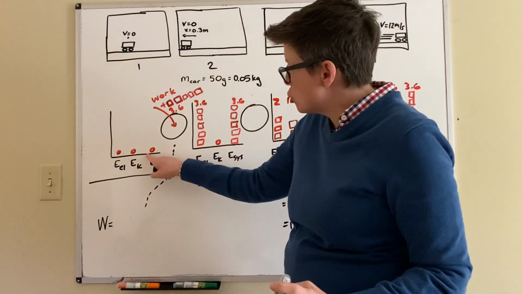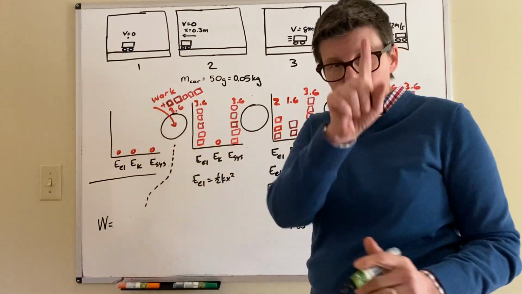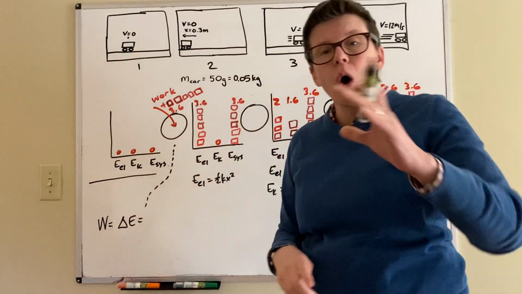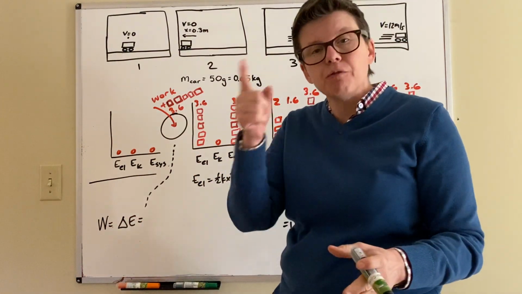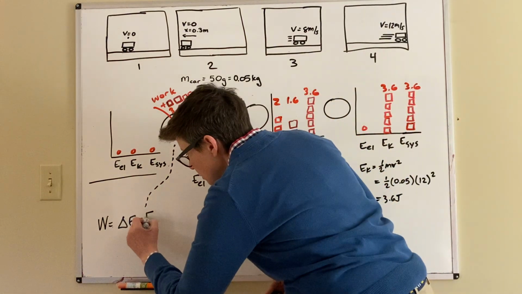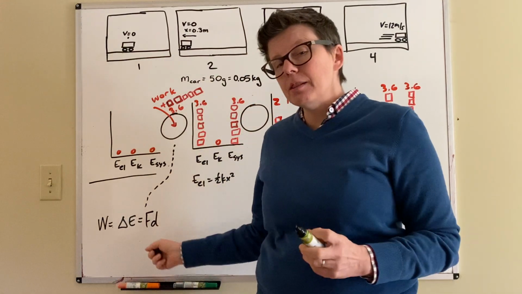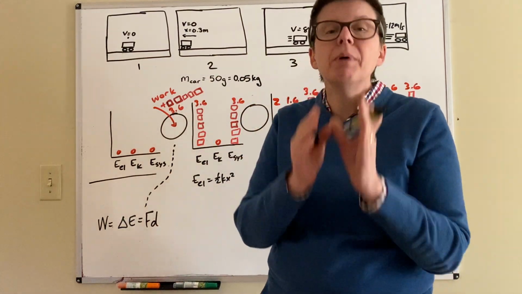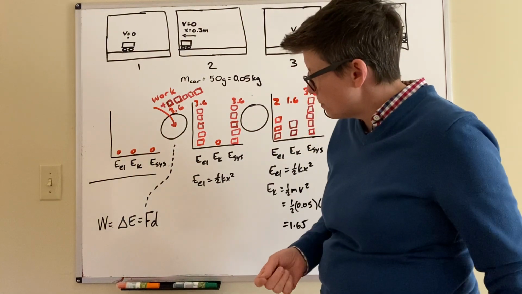Work changes the amount of energy in the system. That's one definition. It is also defined as a force applied over a distance. It's the product of those two. One big caveat, that force and that distance have to either be going in the same direction or opposite directions. Parallel to each other is what's important.